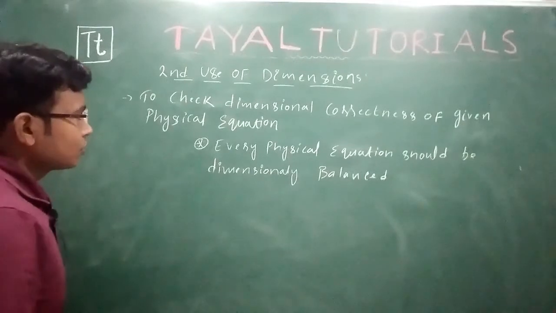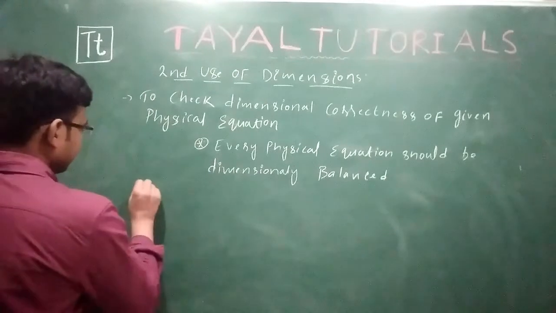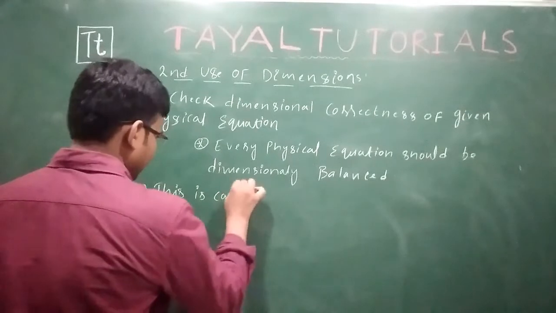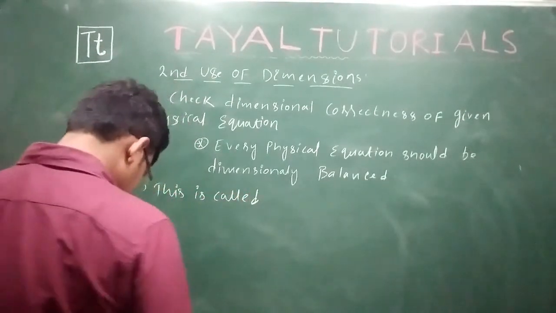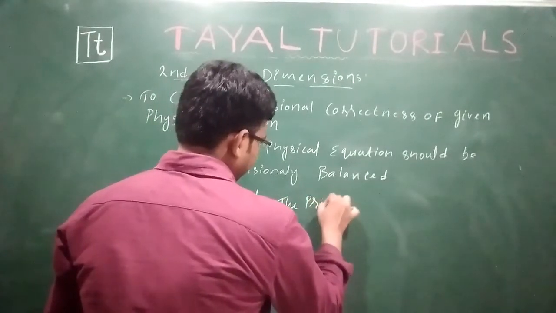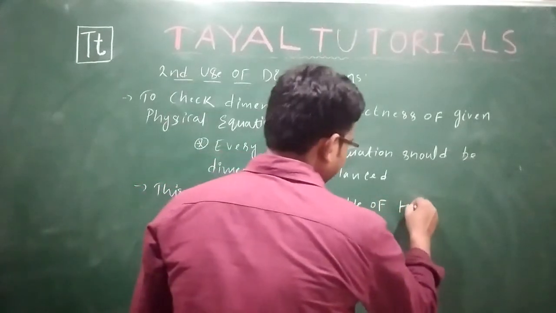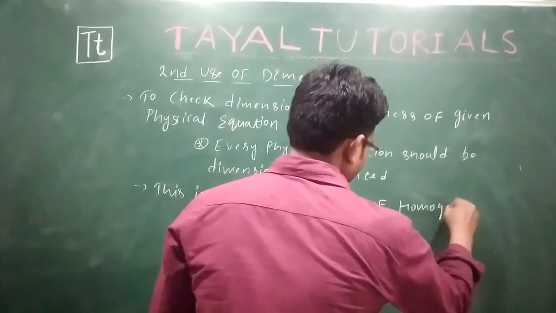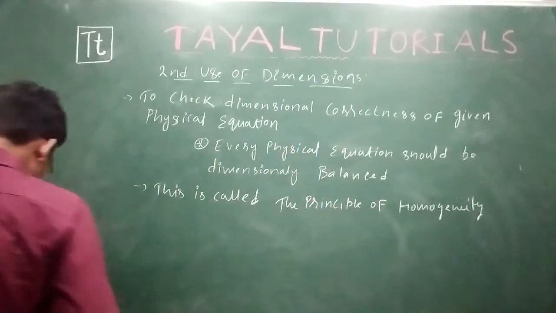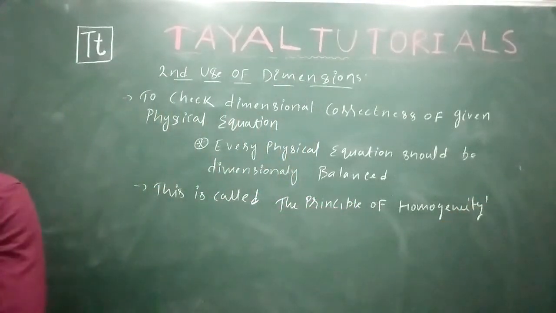Every physical equation should be dimensionally balanced. This is called the principle of homogeneity.